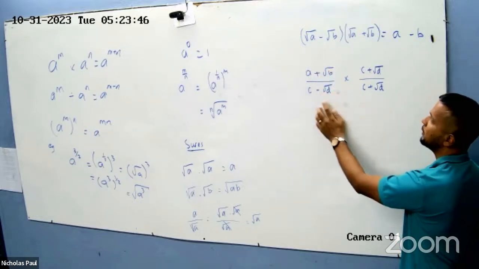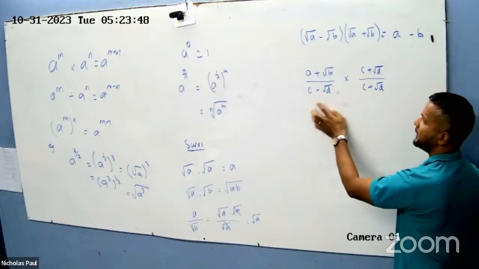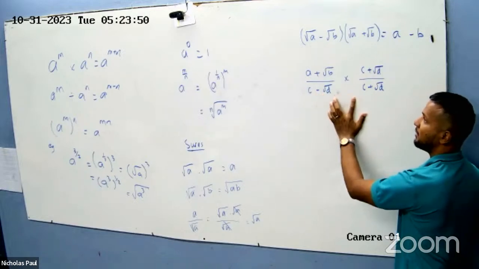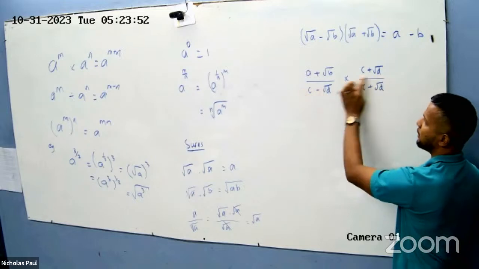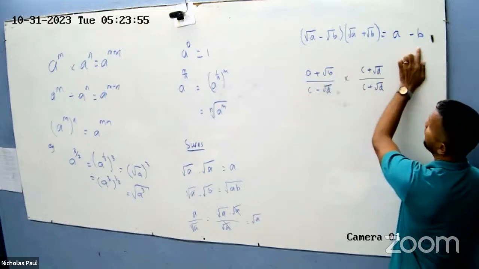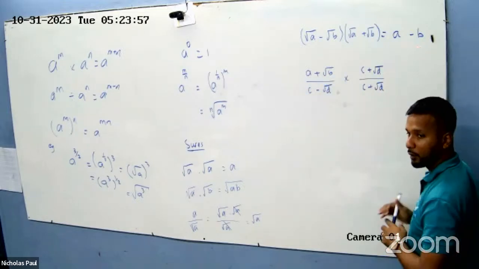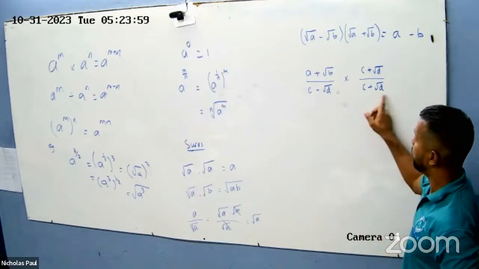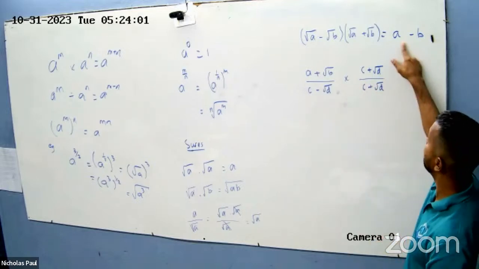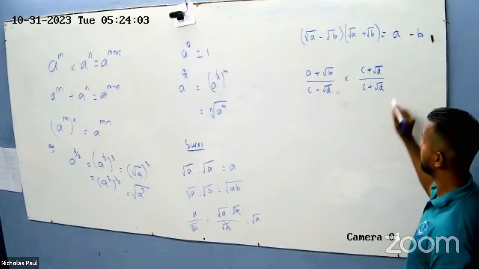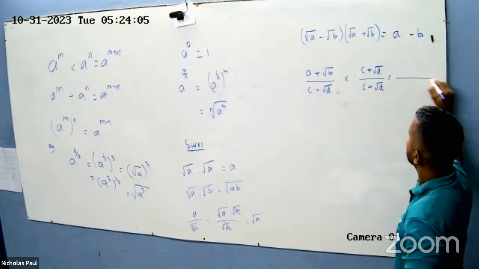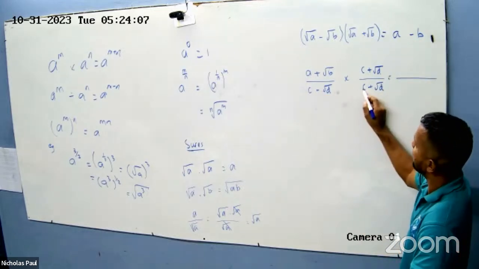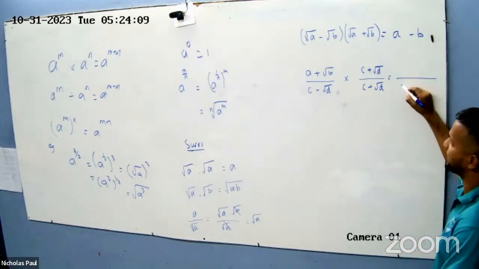When you multiply the denominator by the conjugate of itself, this will now become a real number. So what you're really doing in the denominator is making it real. Look at the denominator: c minus root d times c plus root d is what?